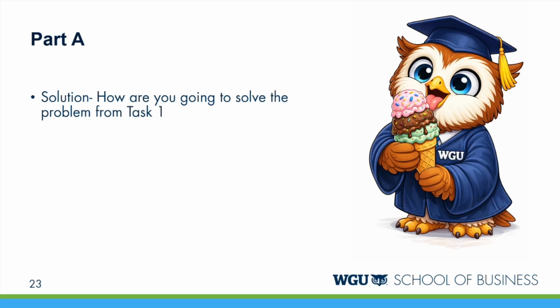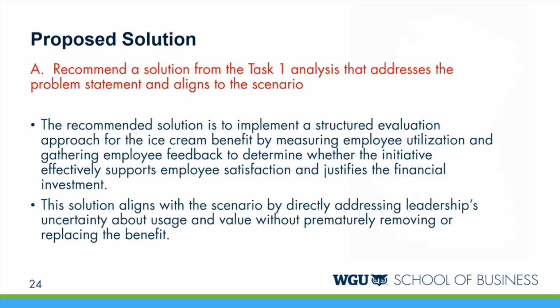So part A, the solution. How are you going to solve the problem from task 1? Here's A. This is what your task overview asks you to do. Recommend a solution from the task 1 analysis that addresses the problem statement and aligns to the scenario. That's why it's so important to make sure that alignment is all the way through or it will be returned.